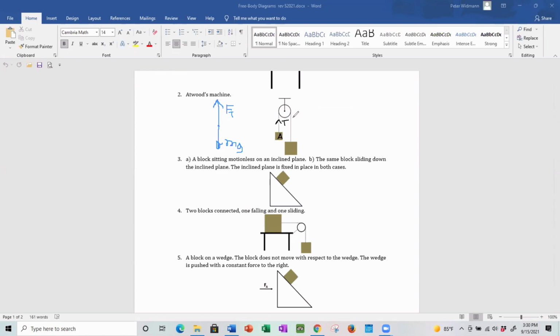All right. Luis Cornejo, can you do a free body diagram for block B, which is this one right here? Yes. How do I edit?